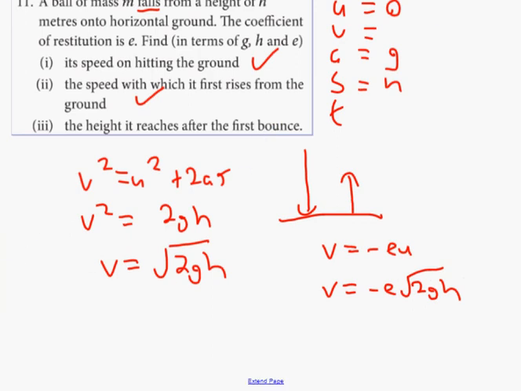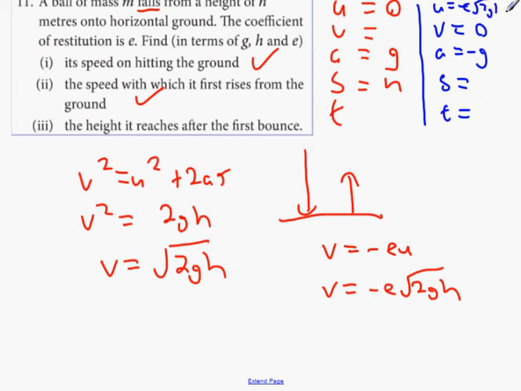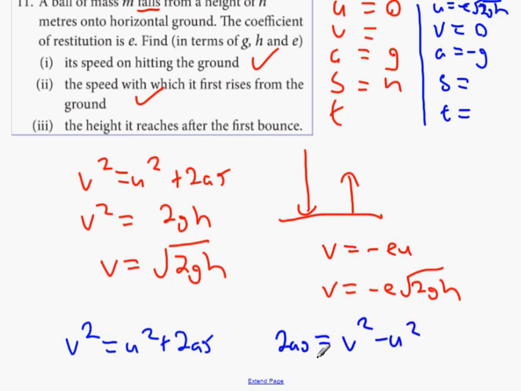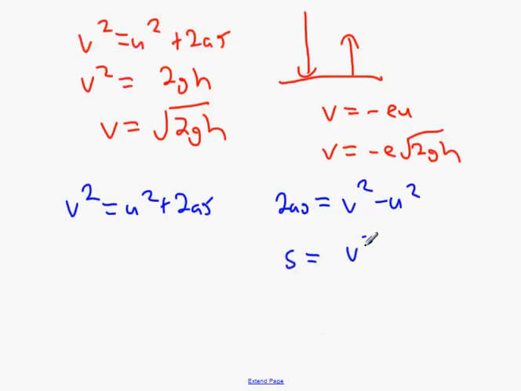We're going to use SUVAT again for scenario 2. v is 0, a is minus g, s we haven't got a clue, and u is minus e root 2gh. Now, any ideas to find the s value? v squared equals u squared plus 2as. By that logic, rearranging this formula, 2as equals v squared minus u squared. s therefore equals v squared minus u squared all over 2a.